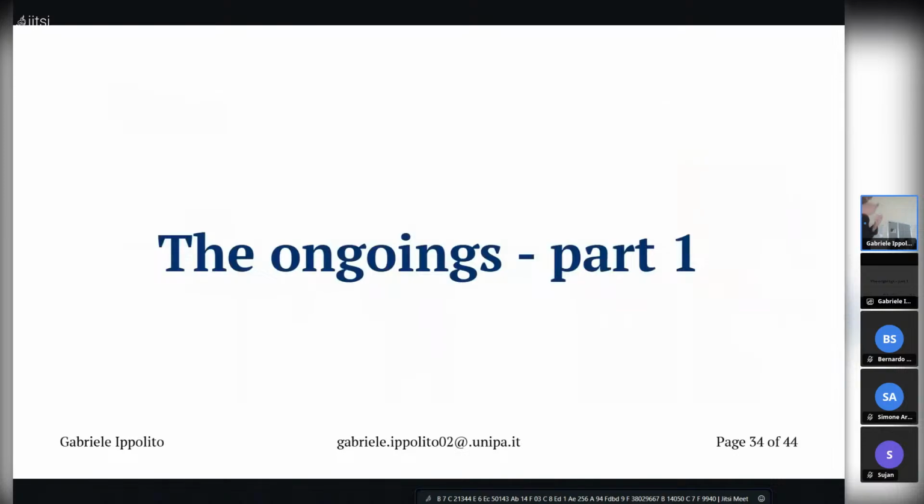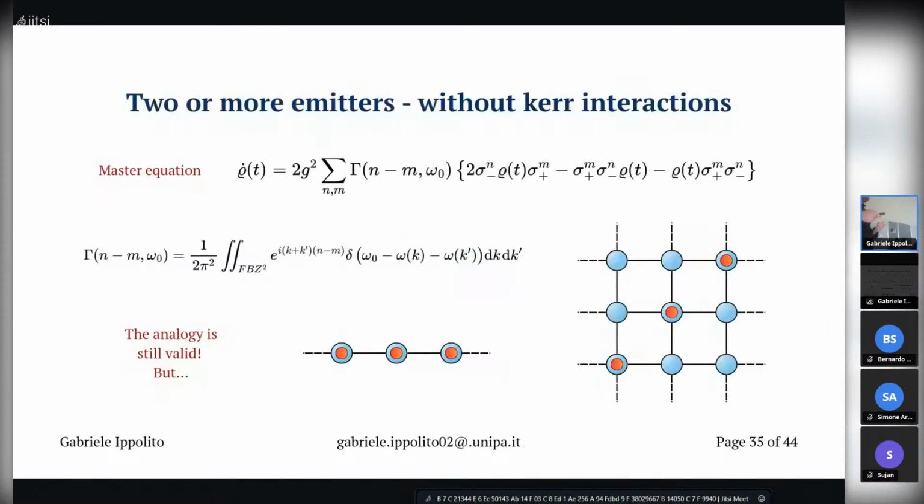And now, some of the ongoing work that I'm currently focused on in my PhD. The first question is, what happens if now we don't have one emitter, but we consider two or more emitters in my coupled cavity array? Well, without Kerr interaction, what I observed was that my dynamics was similar to an emission in a two-dimensional system, right?